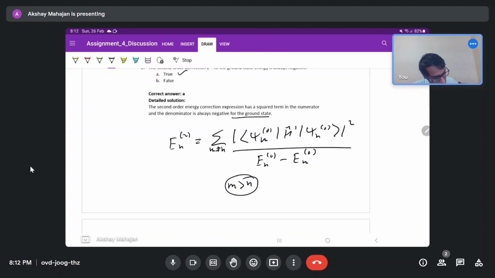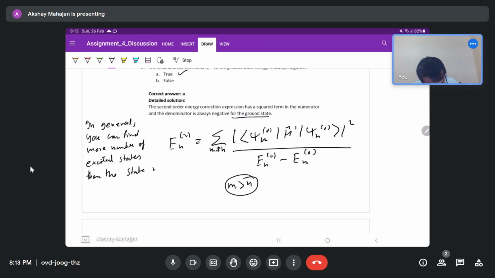You can always find more excited states than the state n for which we are correcting the energy.